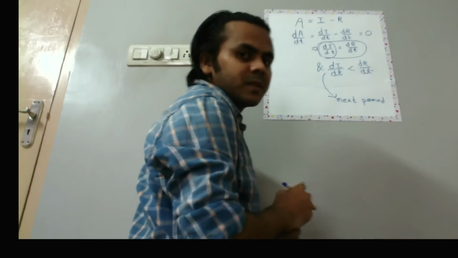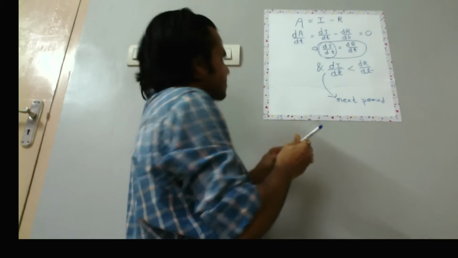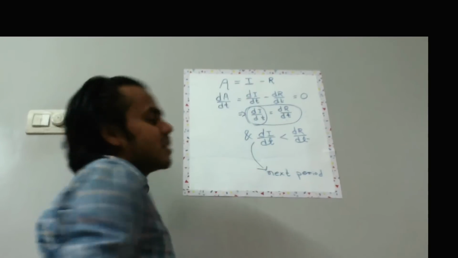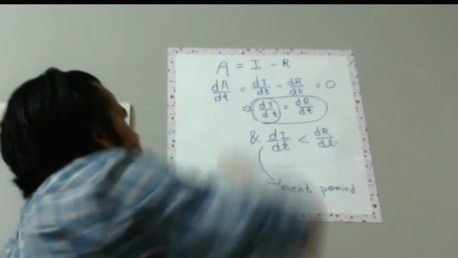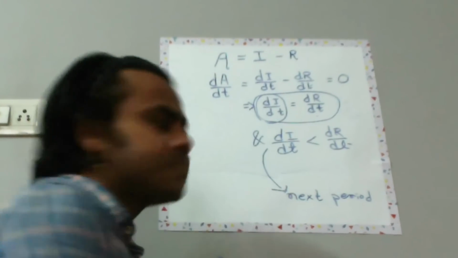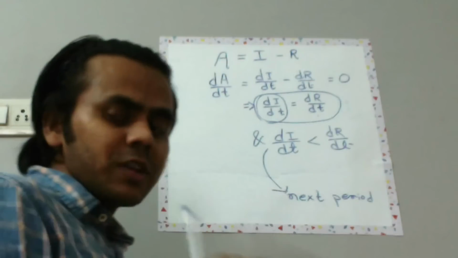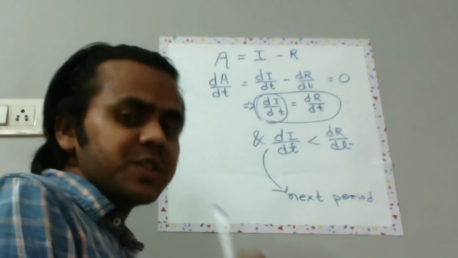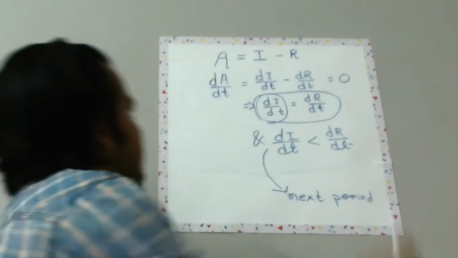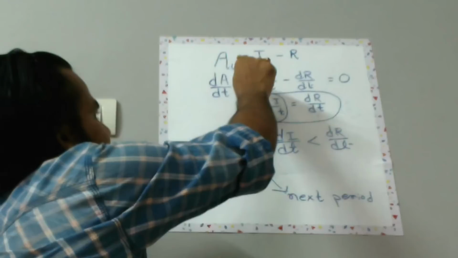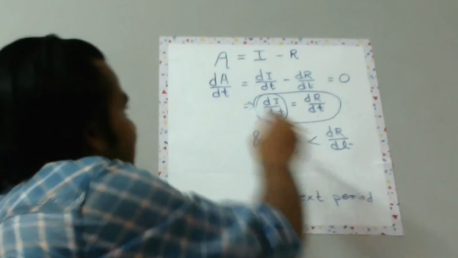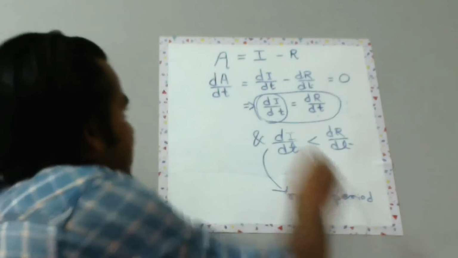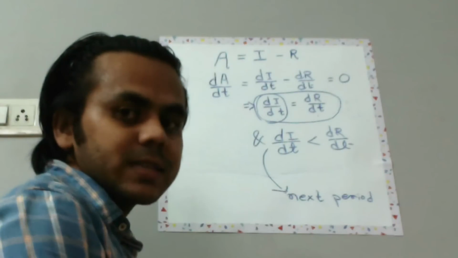So to recap, if A is the total number of active infections, I is the total number of infections, R is the total number of recoveries, which includes deaths, we can take a first order differentiation with respect to time to get the rate of change in active cases.